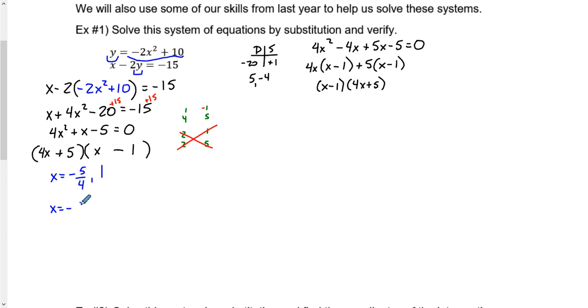So if x equals -5/4, our y value would equal -2 multiplied by -5/4 squared plus 10.